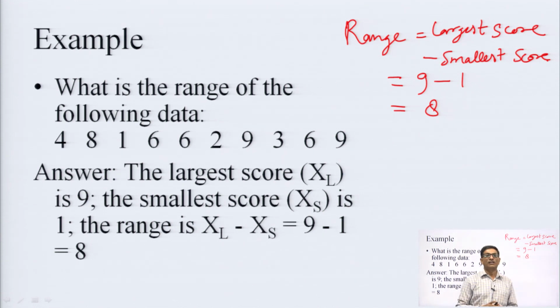Okay. The range is the simplest method to measure dispersion. Dispersion means lack of uniformity.